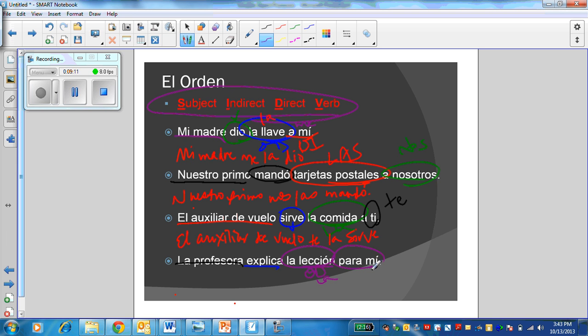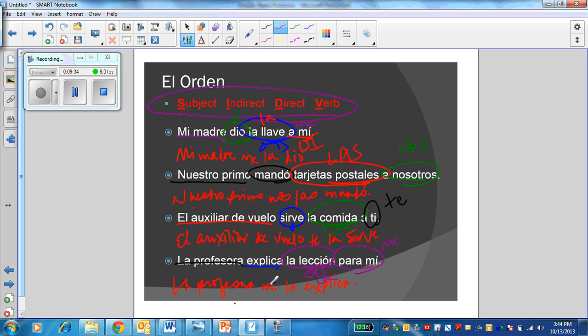Para mí, objeto indirecto. Vamos a usar me. Entonces, la respuesta es la profesora me la explica. Okay. The teacher explains it to me.